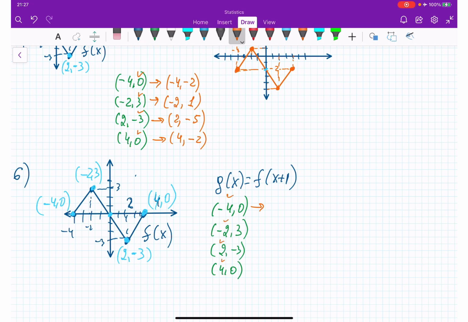Negative 4 minus 1 is negative 5 and 0. Negative 2 minus 1 is negative 3 and 3. 2 minus 1 is 1 and negative 3. And lastly, 4 minus 1 is 3 and 0.